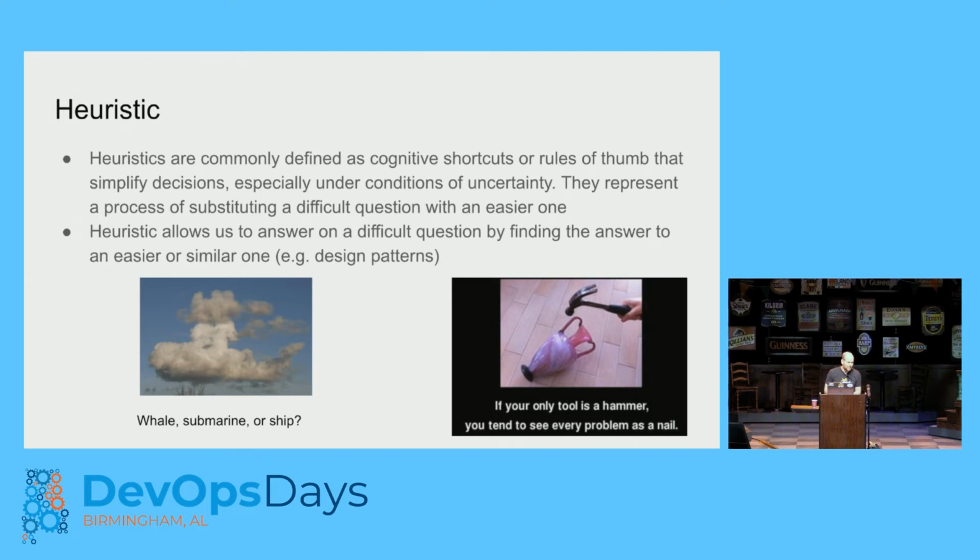And that brings up another psychological term called heuristics. Heuristics are commonly defined as cognitive shortcuts where we try to simplify decisions, especially in conditions of uncertainty. That comes from our ancestors, let's say, 10,000 years ago. If you think it's a lion in front of you, you better run.